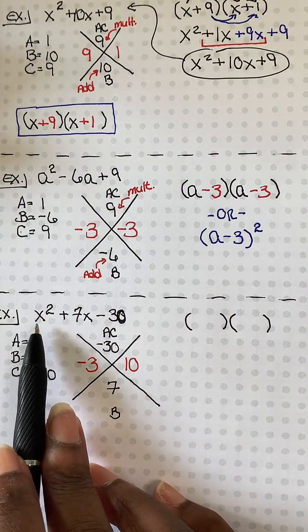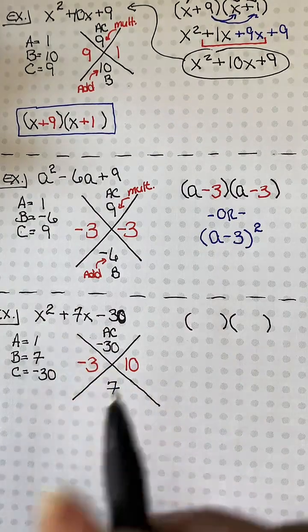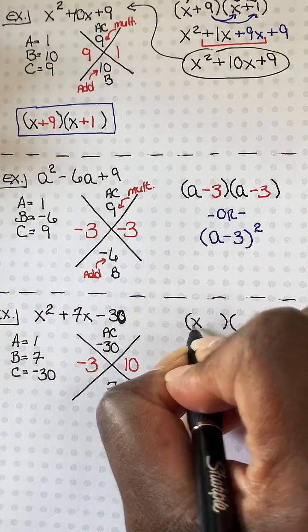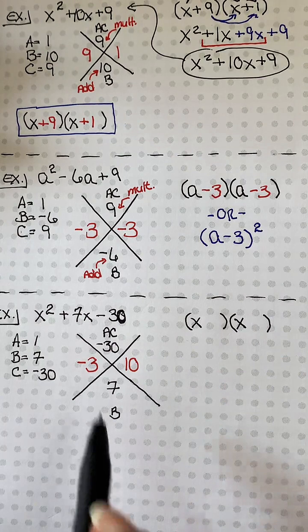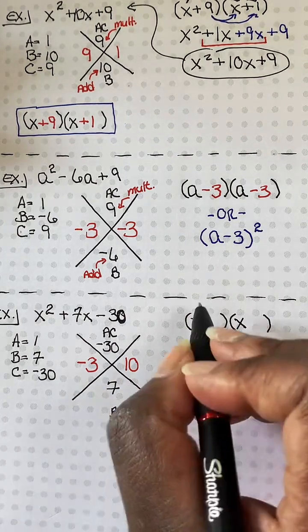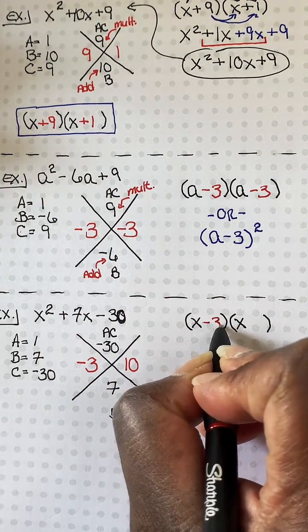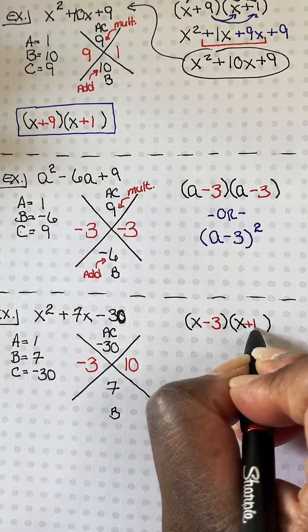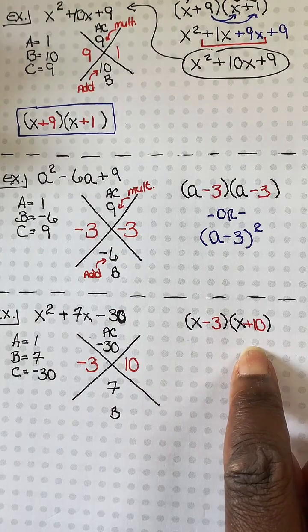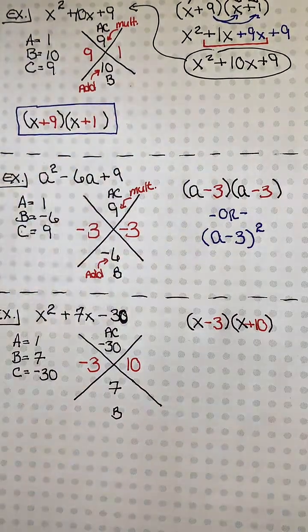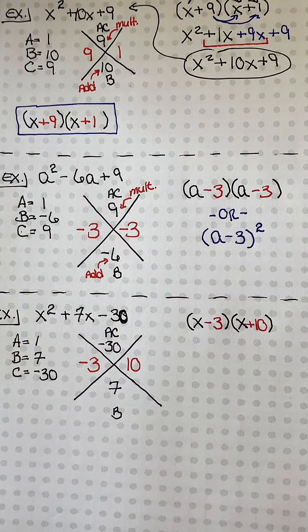So since right now we're switched over to the x's, we're going to split our x's, boom and boom. And then the numbers that we found, negative 3, positive 10. So if you put x plus 10, then x minus 3, that's fine. This is multiplication. We'll be fine. Okay. So right now we're working on factoring using the AC method.